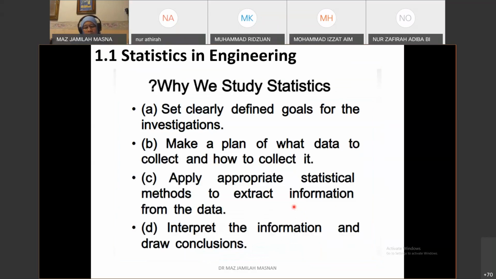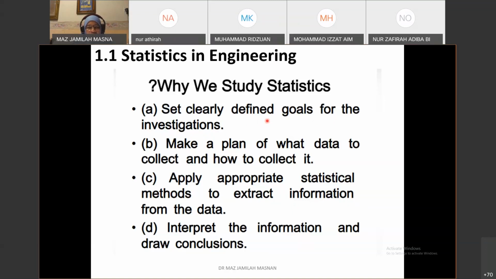But from the perspective of statistics, what do we actually do with the data? What is the process involved in the transformation of data into meaningful information or meaningful insight? First, set clearly defined goals for the investigation. Before you even start your experiment, you will have something in mind: why do you need to carry out the experiment?